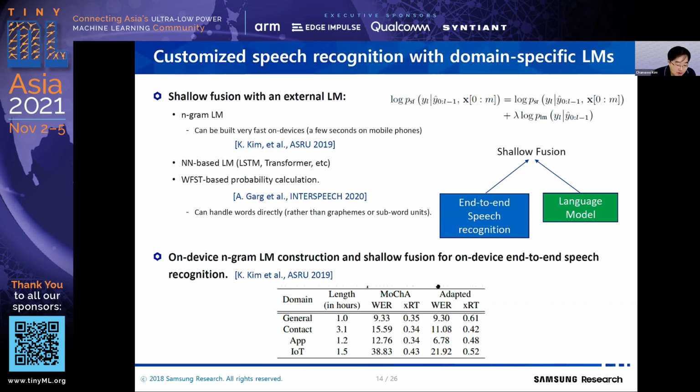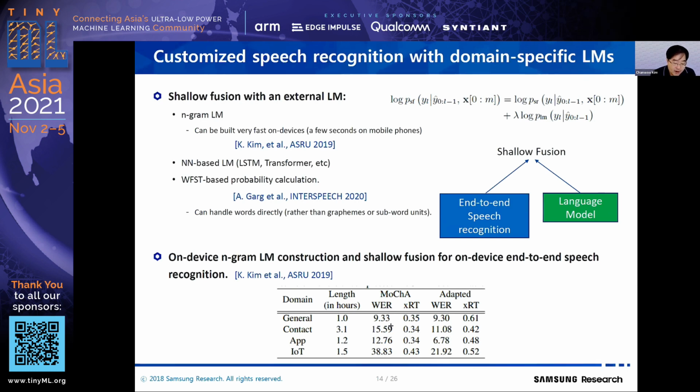As you can see in the table at the bottom of this page, for specialized domains like context, where context means personal names, such as friends' names stored in the phone book, after doing some kinds of adaptation, the performance increased a lot.